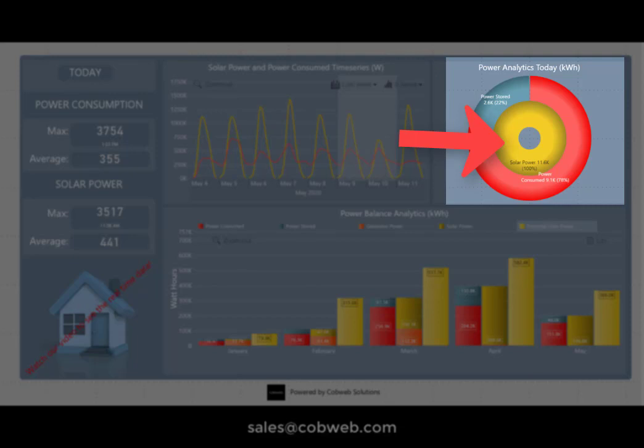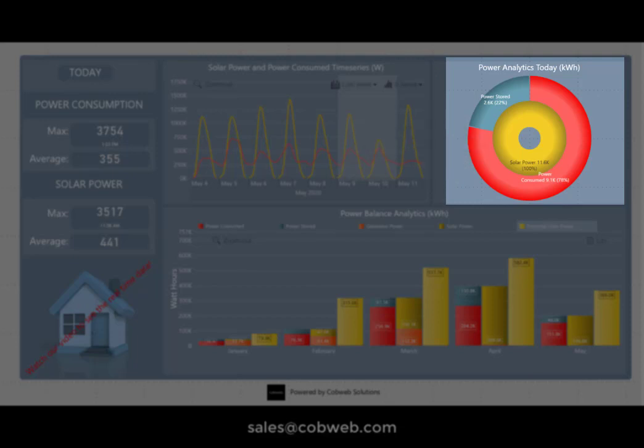Now this is broken up on the outer ring into 2 sections, the power consumed and the power stored. And you can see the red section of the outside ring of the donut. We've consumed directly around 9 kilowatt hours, and going to the battery, we've stored around 2 kilowatt hours, and that goes to storage in the battery.